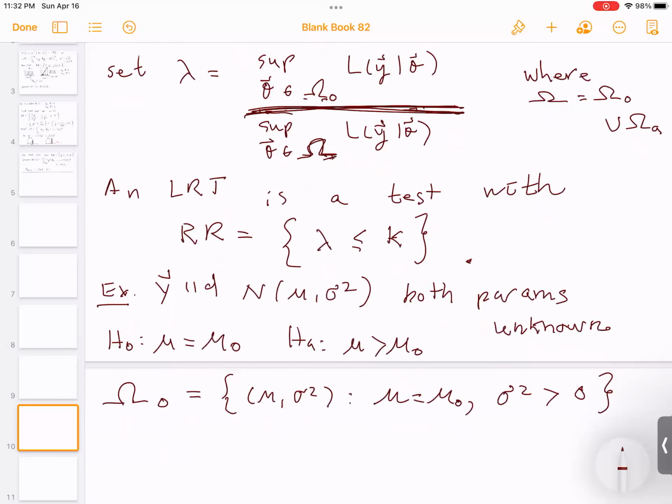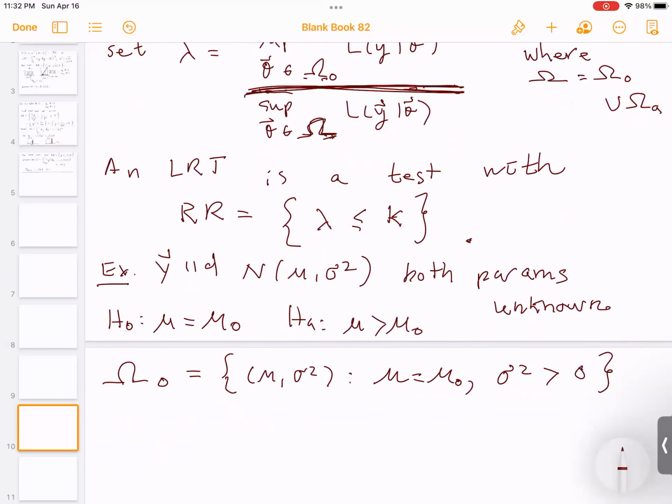So this is a set of a point and then the positive numbers in the second dimension. And then the alternative hypothesis is just mu greater than mu 0. So the union of that with the null hypothesis is just mu greater than or equal to mu 0, and still the same sigma squared. Okay, that looks right.